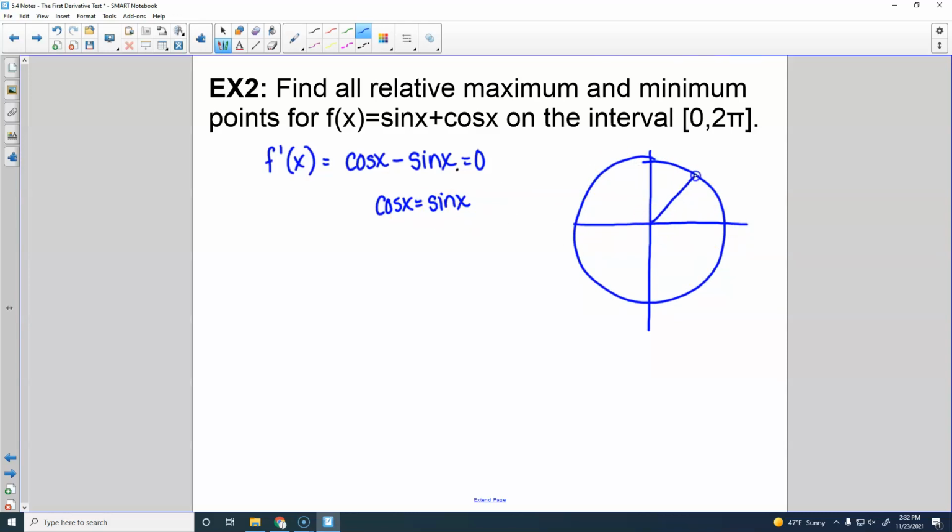So at pi over 4, this is where we got root 2 over 2 and root 2 over 2. And so that's pi over 4. So that's one of our answers. Okay. 3 pi over 4 is right here. Are they the same there? One's negative, one's positive, so they're not equal to each other there. Over here, though, third quadrant, at 5 pi over 4, here they're both negative.